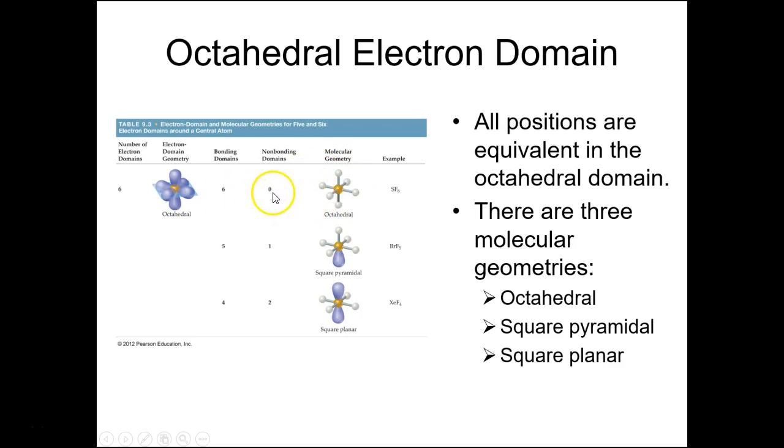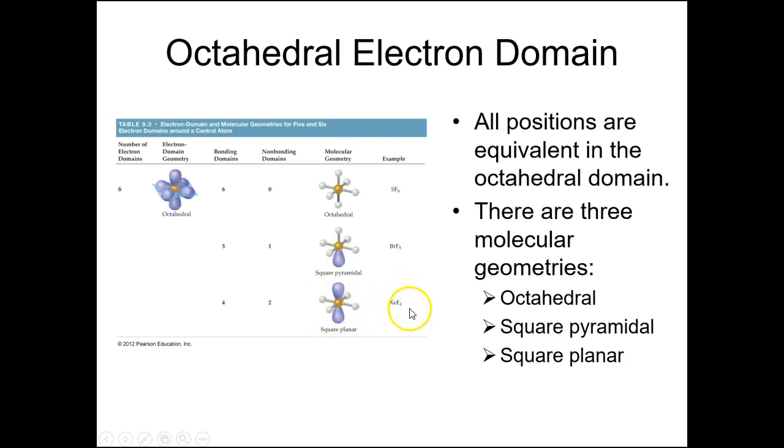If you've got 6 domains and they're all bonding, then you've got an octahedral molecule. If you've got 6 domains of which 5 are bonding and 1 is non-bonding, this is called square pyramidal. And if you have an octahedral arrangement in which 4 are bonding and 2 are non-bonding, that's called square planar.